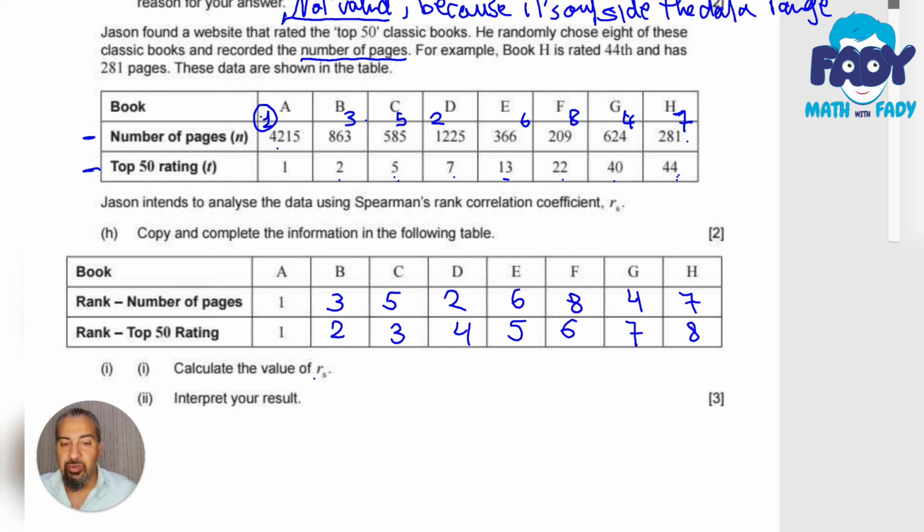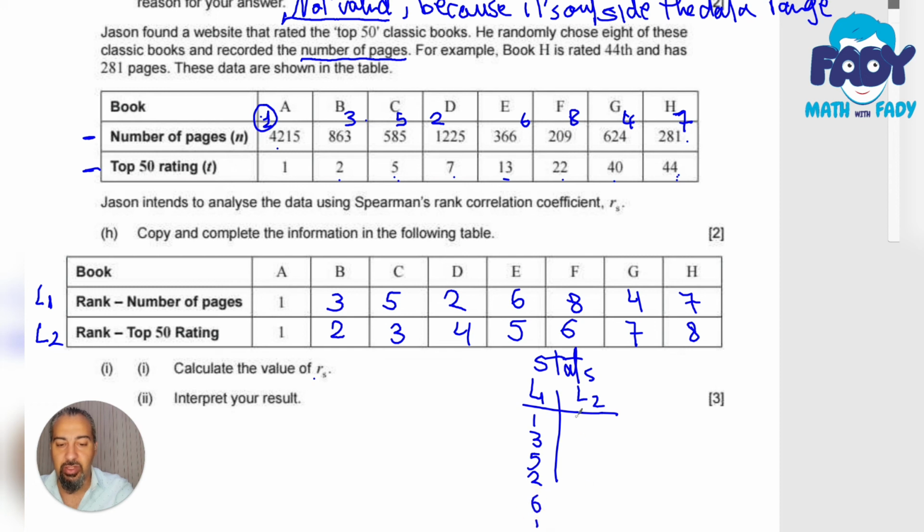So what we will do is go into stats in our graphing calculator. We will insert this row as our first column and this row as our second column. So this will be L1, this is L2: 1, 3, 5, 2, 6, and so on. Here 1, 2, 3, 4, 5, and so on.